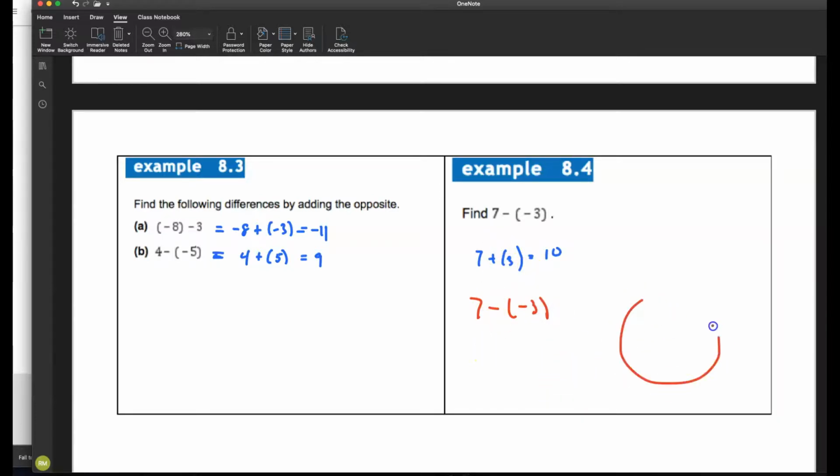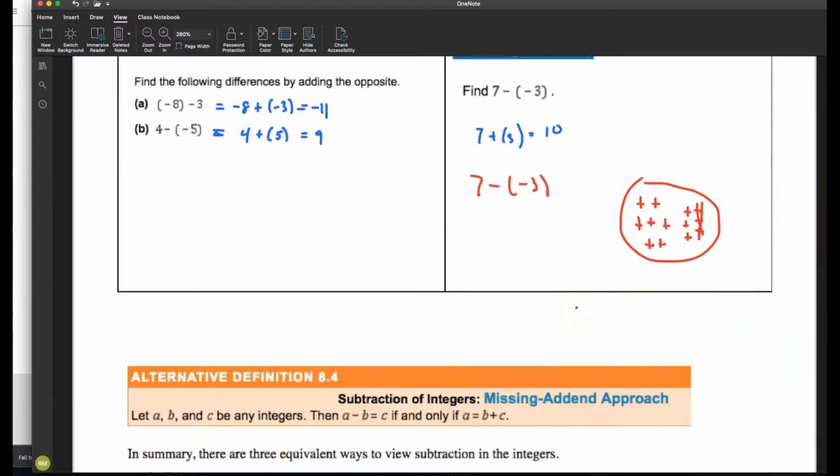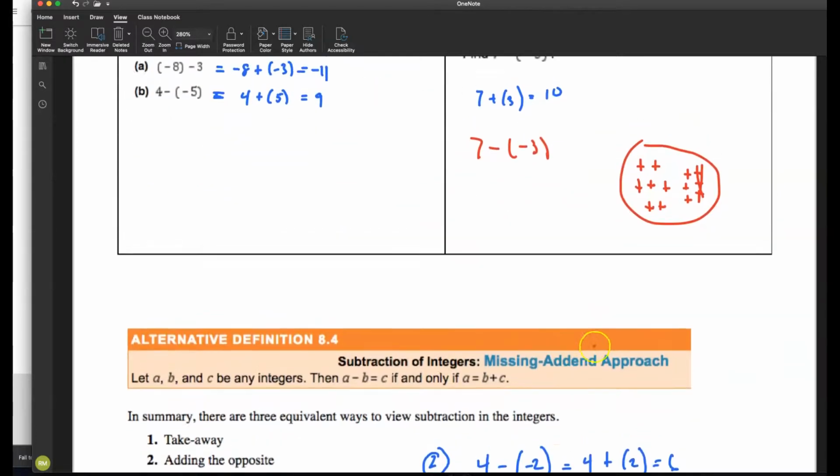If you were going to do the set model approach, you have 7 positive, and I don't have any 3 to take away, so you kind of borrow. I add a negative 3, but I have to put that group in there. Now I take away the negative 3, and I end up with 10 positive.